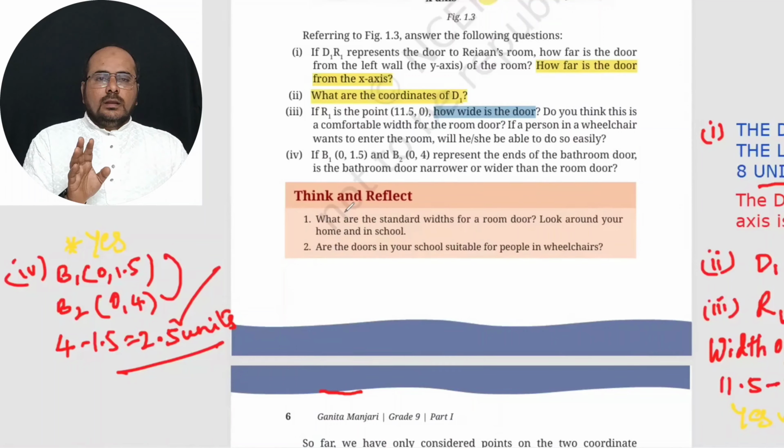If you want to know perfectly, look around your home and school. If you have a tape, measure it and conclude the general width and height. Are the doors in your school suitable for people in wheelchairs? These two points are homework for you.